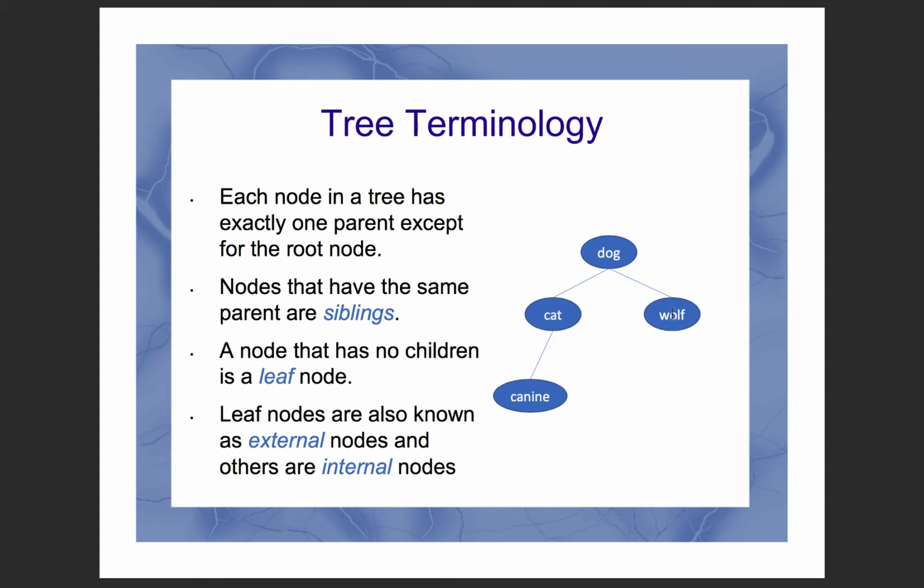That's why they are called external nodes. Other than leaf nodes, all are called internal nodes. So here, the dog and canine nodes are internal nodes, and cat and wolf are external nodes because these two are leaves.